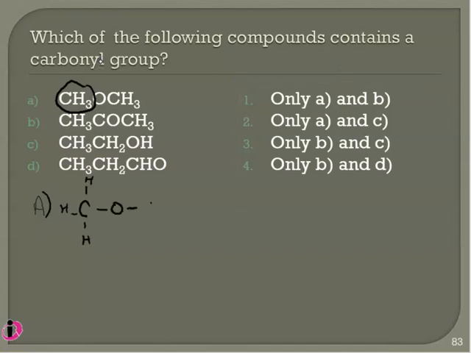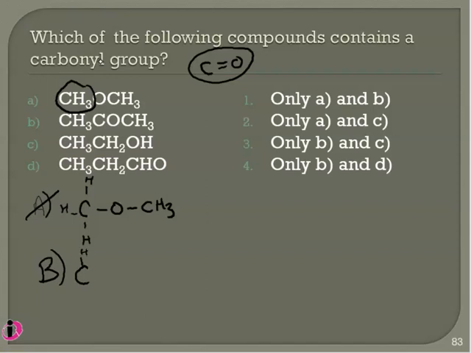Oxygen in the middle, and then another CH3 group. I'm not going to write that out in full form anymore, because we know carbon has to have 4 bonds, and that's how it will look. So this doesn't have the C double bonded to oxygen anywhere. So this one, no.